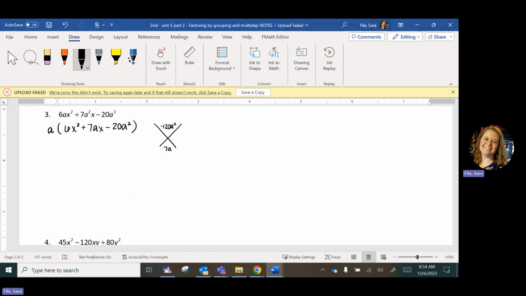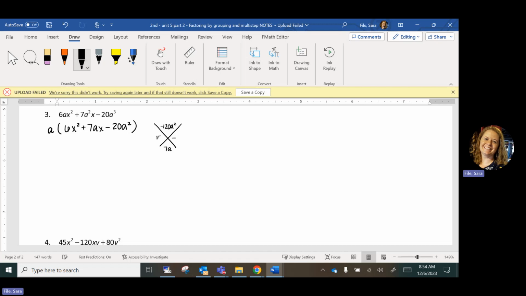So 120 obviously could be 120 and 1. It could be 60 and 2, 40 and 3, 30 and 4. Those are all going to be too far apart to leave us with 7. If I keep listing through my factors, I get to 15 and 8. Okay. And if I want it to come out to a positive when I add, but a negative when I multiply, one's going to have to be positive, one's going to have to be negative.